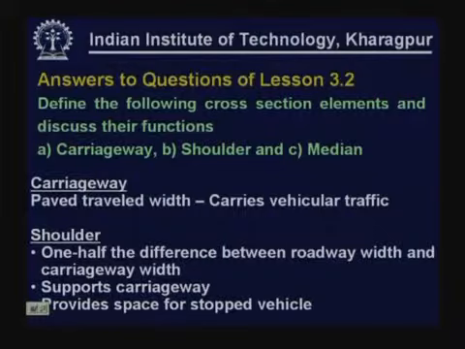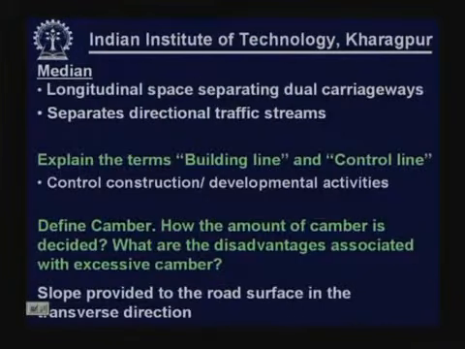Shoulder is that extra portion on each side of the carriageway, it basically provides support to carriageway and provides space for emergency stopping of vehicles without disturbance to the through traffic stream or the moving traffic stream.